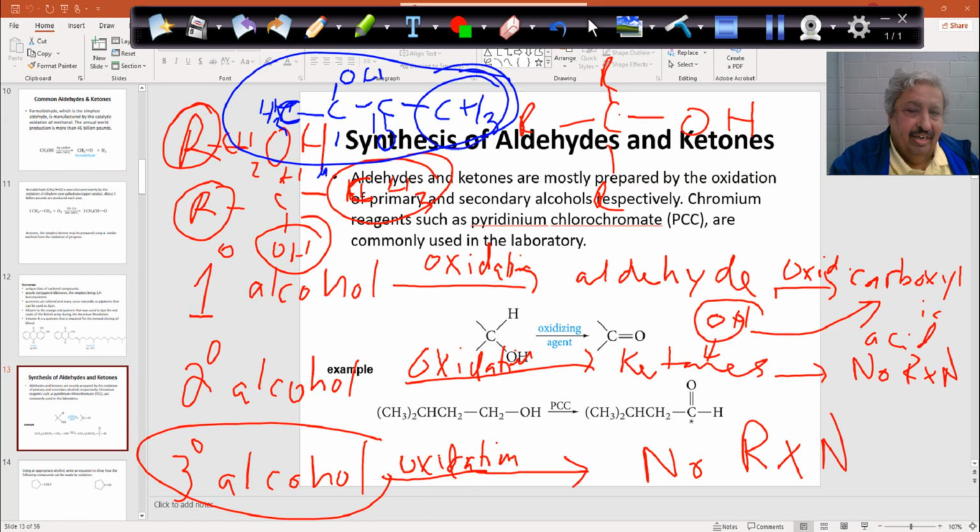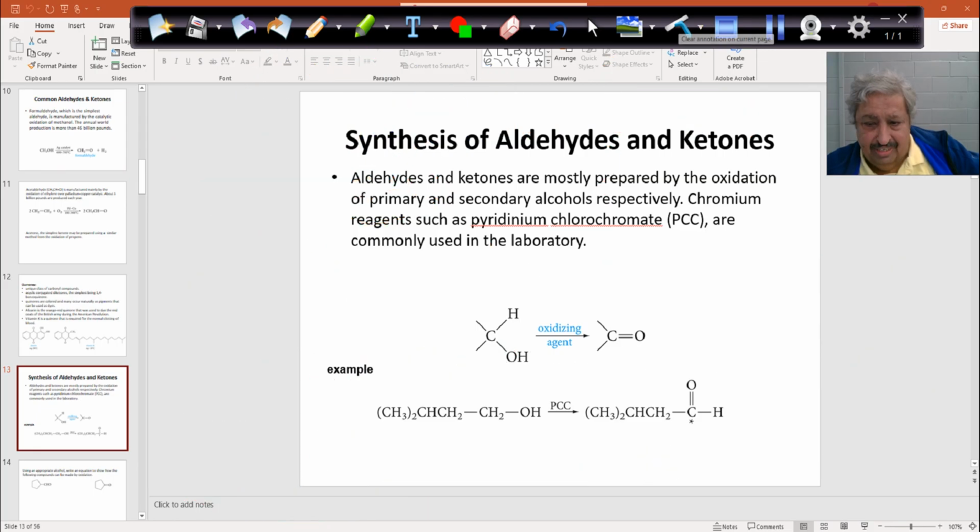If you have all this without the OH, if you have a bulky group here, another CH3, that's too bulky, and the R is really restricted, it cannot move easily. So the reaction is very, very difficult. It's easier if you have an OH group or an H inside it, so that will be easier for it to oxidize.